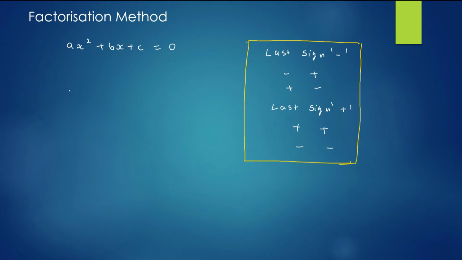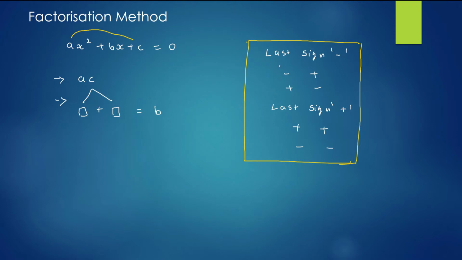Now the first step is, we have to multiply the first term with the last term, that is AC. And the second step is, we have to split the AC into two terms so that their addition equals B. These are the basic two steps for solving with the factorization method.